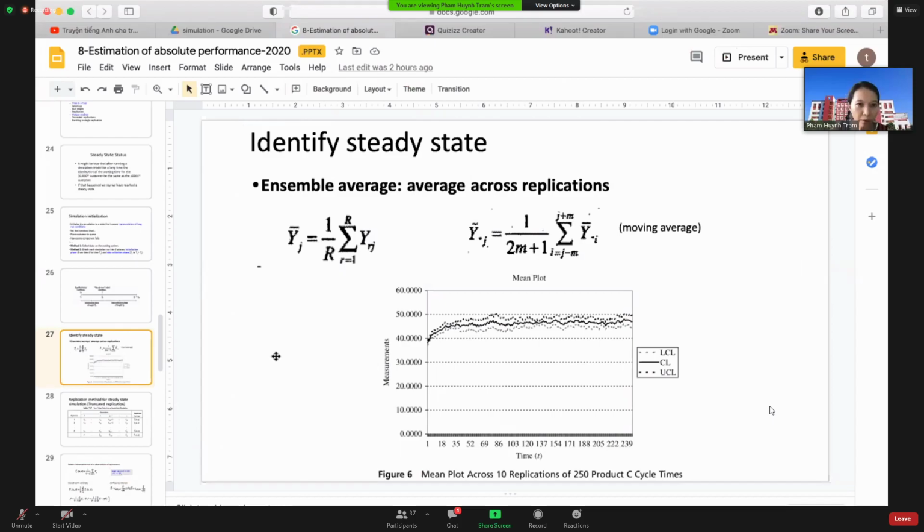Okay, so we will learn how to identify the steady state in theory first, and then I will show you how to do it in Arena later. Okay. All right.